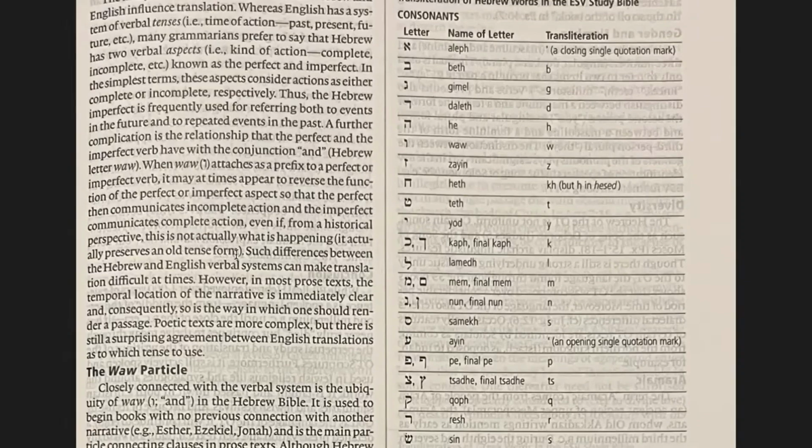Oh, okay. So the waw can change the whole deal. So that's what he was getting at. And I knew what I knew, even though he knew more than me. Hey, pride comes before the fall, man.